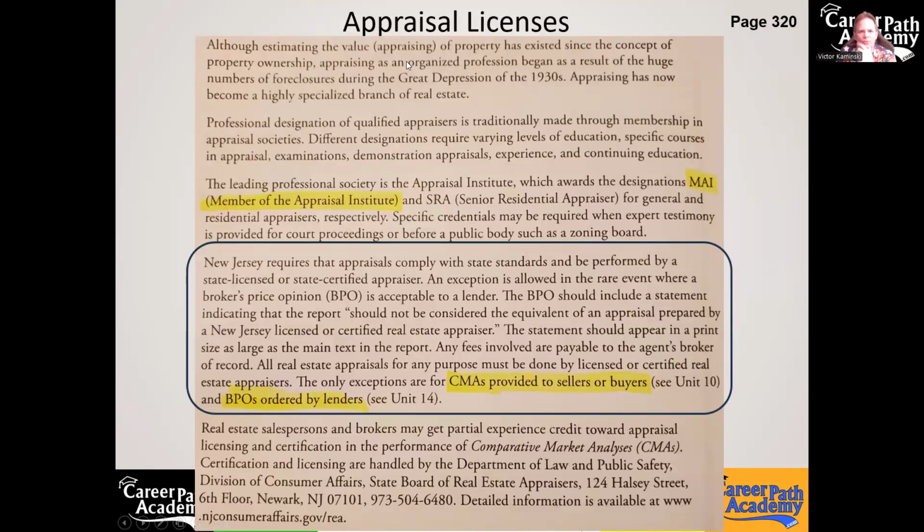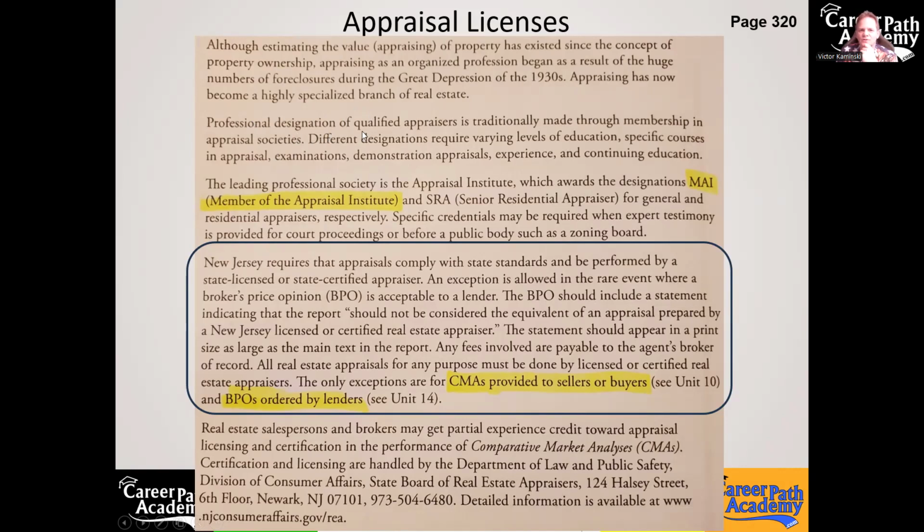Look at that. Although appraising of property has existed since the concept of property ownership, appraising as an organized profession began as a result of a huge number of foreclosures during the Great Depression of the 1930s. Well, actually, it was the 1920s leading into the 1930s. I guess that's when the foreclosures were happening. So appraising has now become a highly specialized branch of real estate.